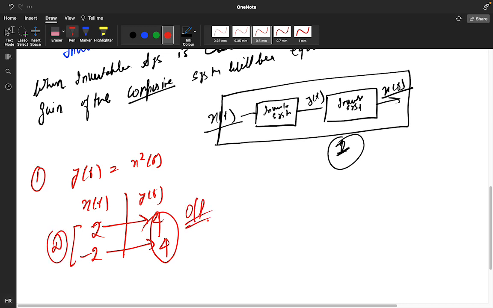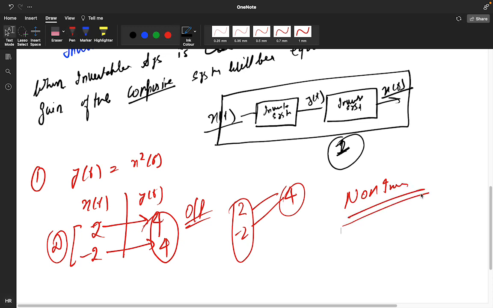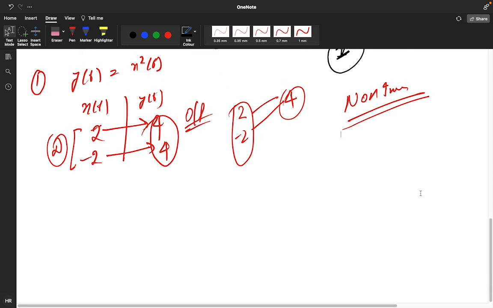So many to one mapping is coming. So 2 and minus 2 are giving the same result. So this is non-invertible.